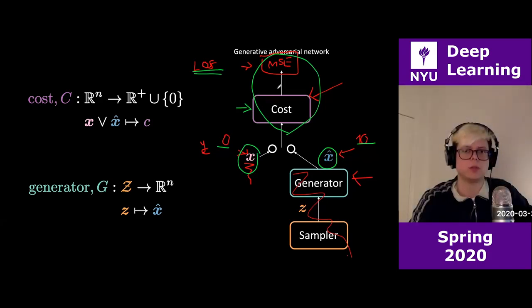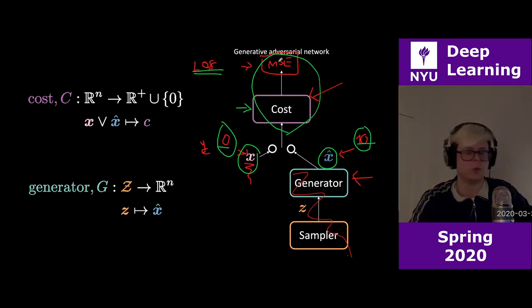This cost network will generate some large value, in this case 10, if I input a blue guy, and a small output of 0 if I put in a pink input. We do this by minimization of an MSE loss. Okay, this is the first part. So far, you're with me, right?